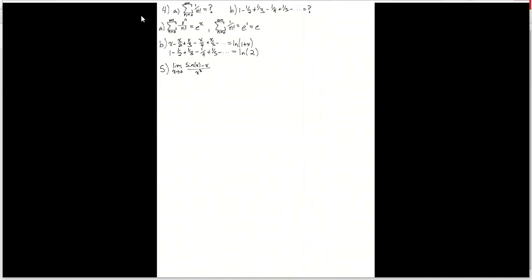Okay, so let's input the power series for sine of x into this limit. So we've got x minus x to the third over 3 factorial plus x to the fifth over 5 factorial, and so on.